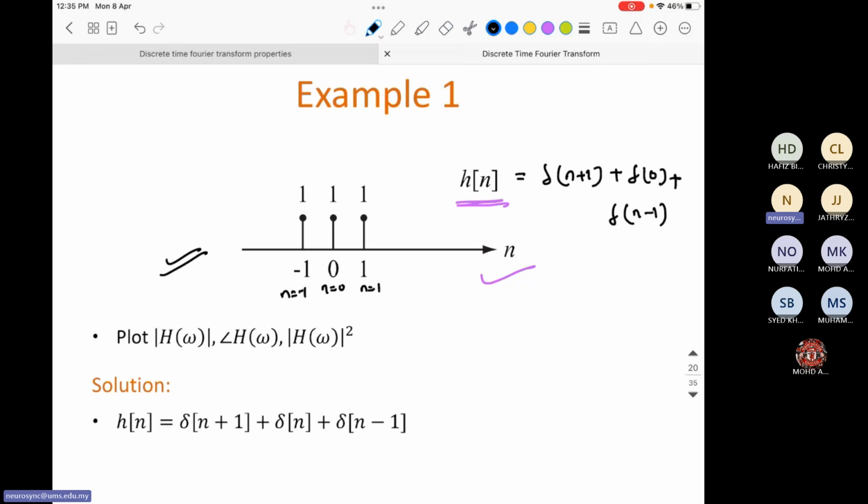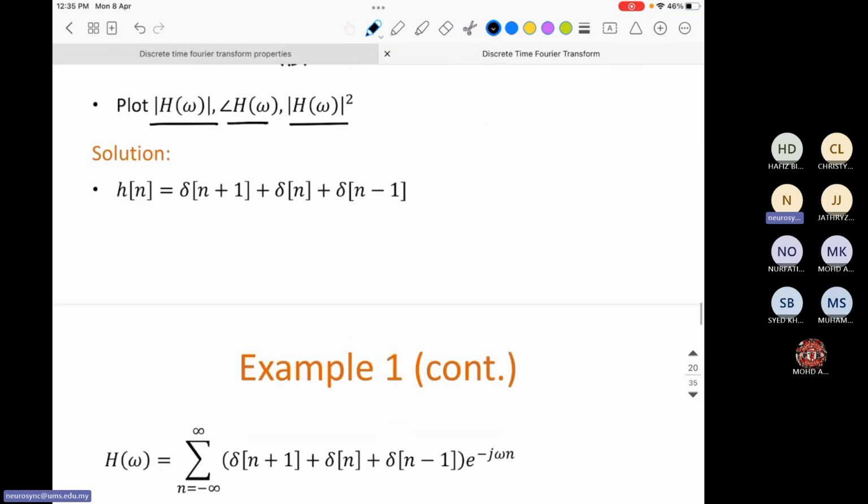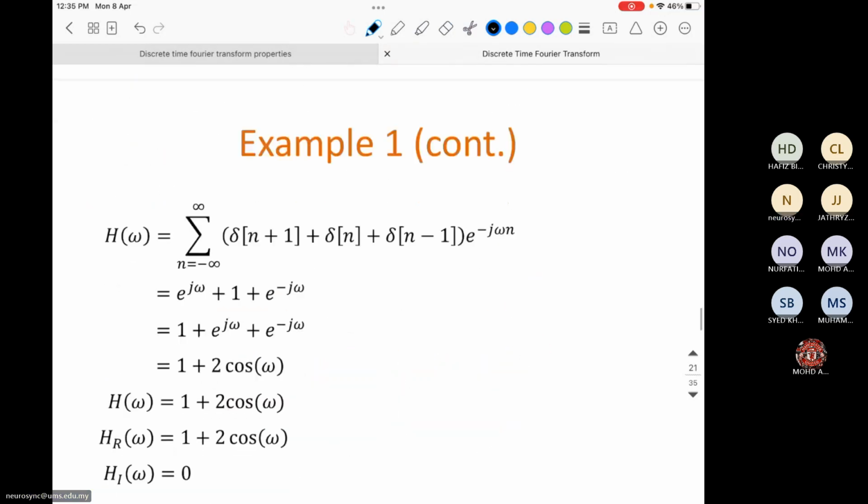Now in this example, what is asked? Plot the magnitude response of this H of omega, the phase, and the energy function. H of omega is the Fourier transform of h of n, so you first need to apply the Fourier transform on h of n.